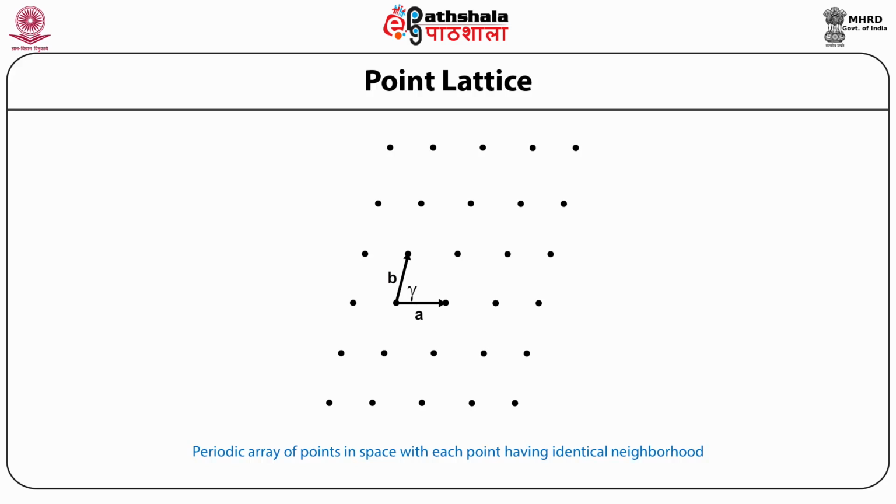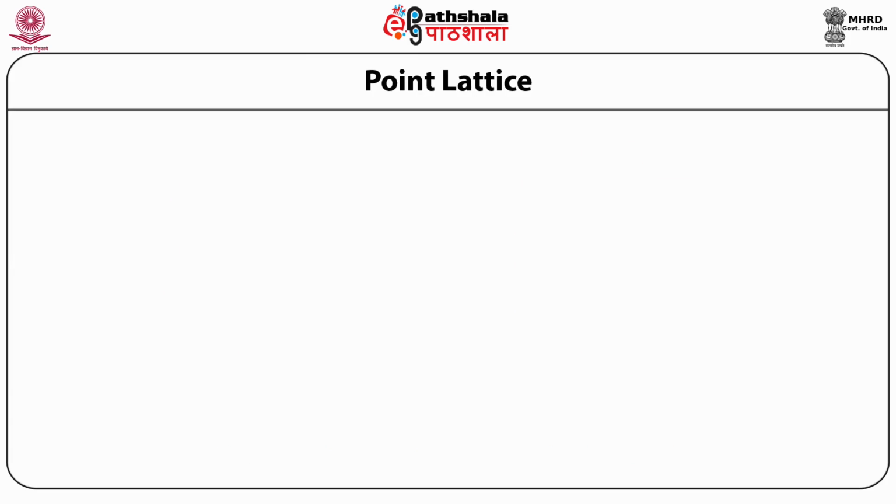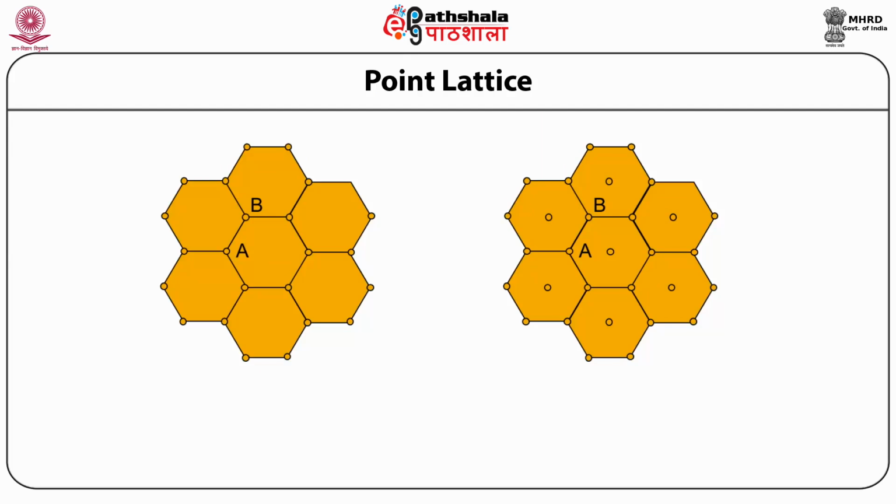As you can see from the figure, the horizontal separation between the points is represented by A and the vertical separation by B. These two figures show the difference between point lattices. The left figure is not a point lattice, whereas the right figure is a point lattice.